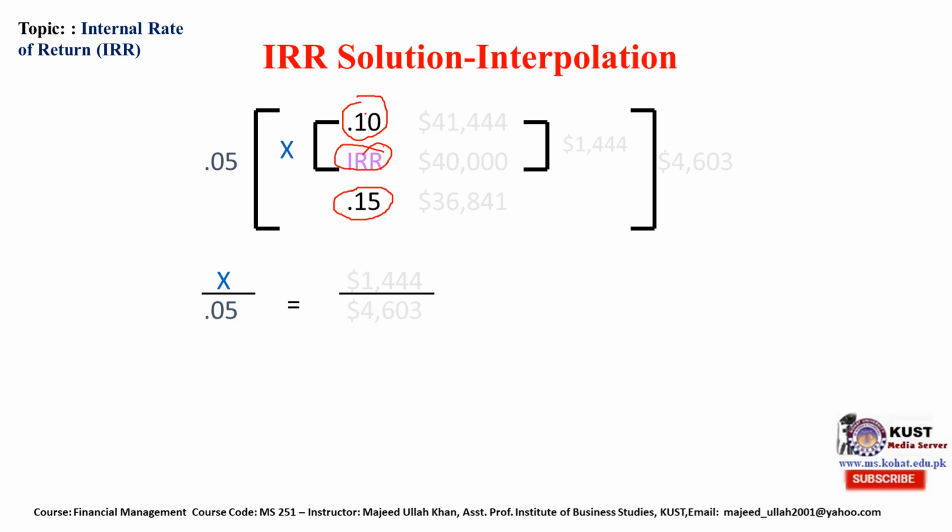The difference between 10% and IRR is unknown, which is denoted by X. The difference between 10% and 15% is 0.05. A 5% difference exists between 10% and 15%. We are trying to get the gap between 10% and IRR. We will calculate this x. So x divided by 0.05.